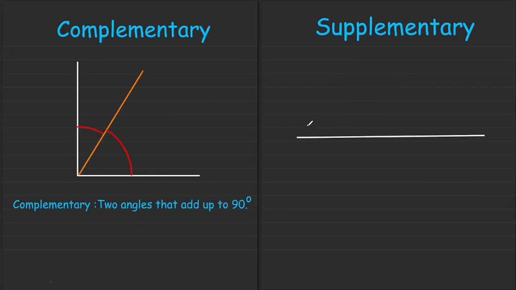Now, we know what a straight line is. A straight line spans an angle of 180 degrees. If you have two angles whose sum is 180, then we say they are supplementary. So if I'm to draw another arm or a straight line over here, once again, we said an angle is formed when two lines meet.